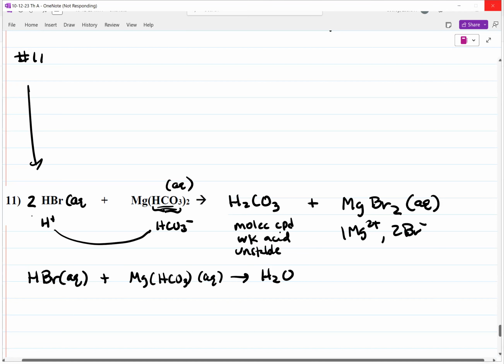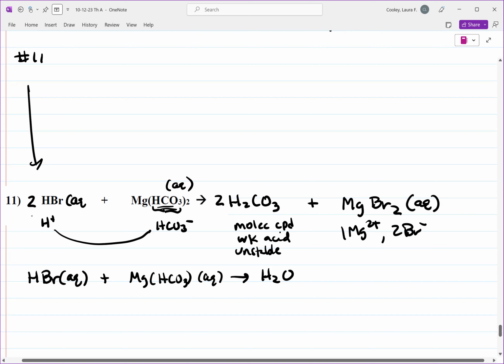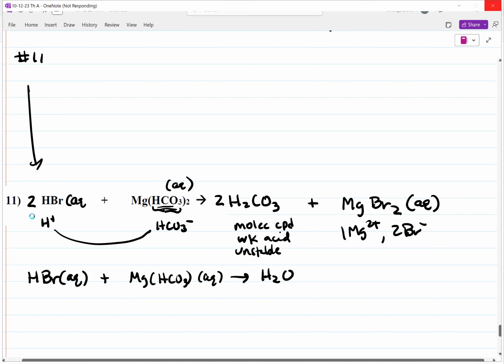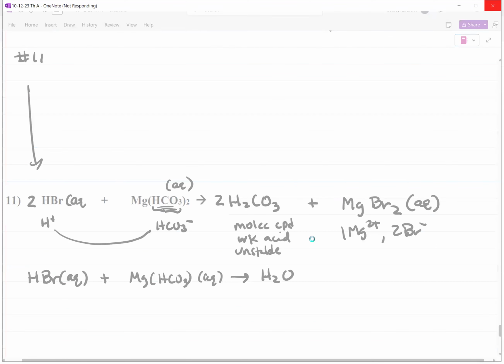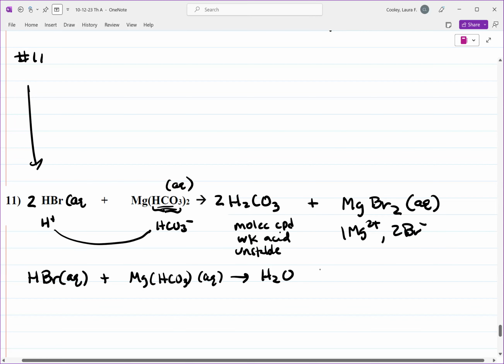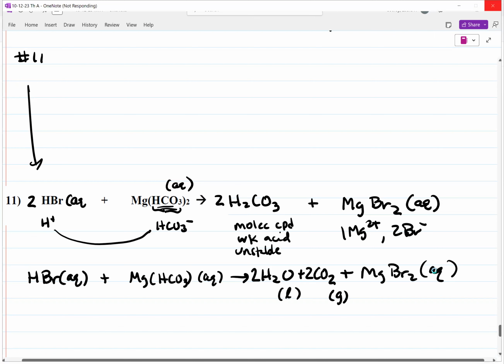So we will end up with 2 H2CO3s and 1 MgBr2. Because I have 2 H2CO3s, that tells me that I'm going to need 2 waters and 2 CO2s. This is liquid and gas. And MgBr2 aqueous. So that should be the final answer.